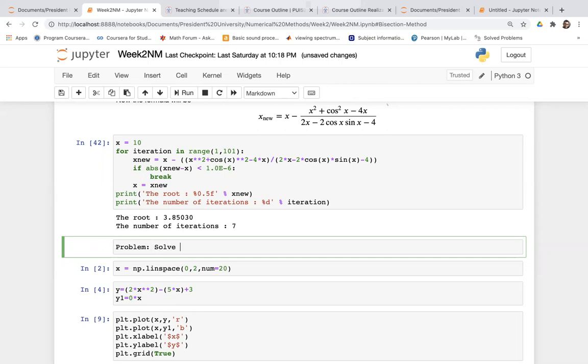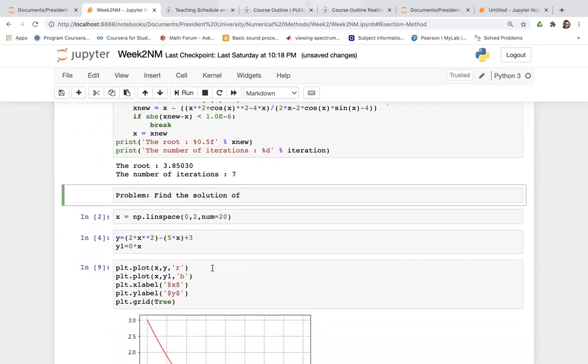Solve the form, or find the solution of. Okay, and it also supports mathematical expressions, yeah, using LaTeX.